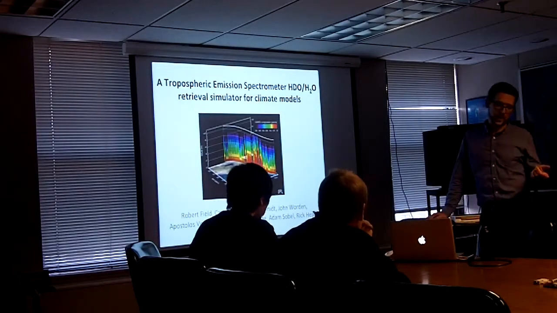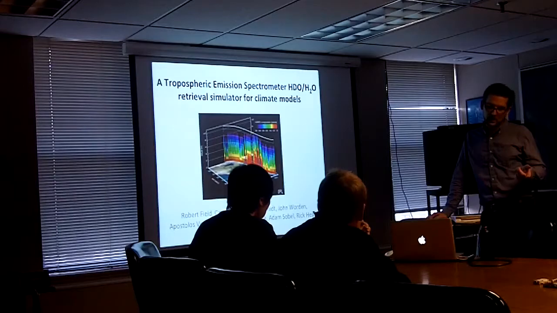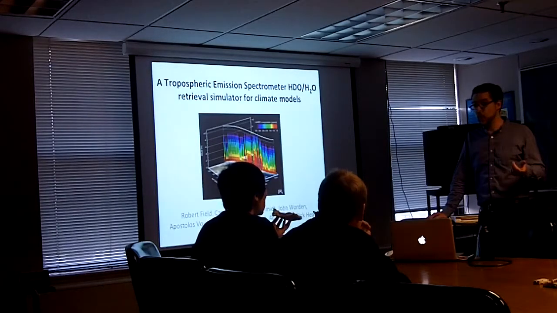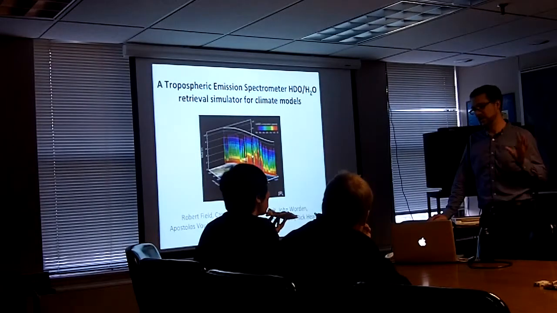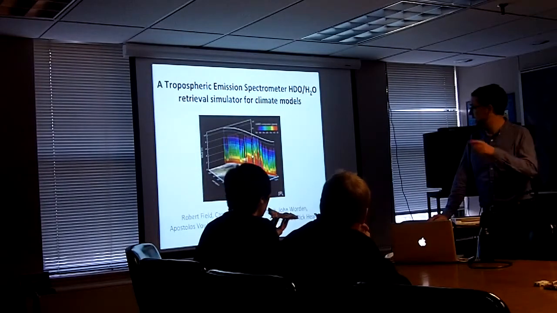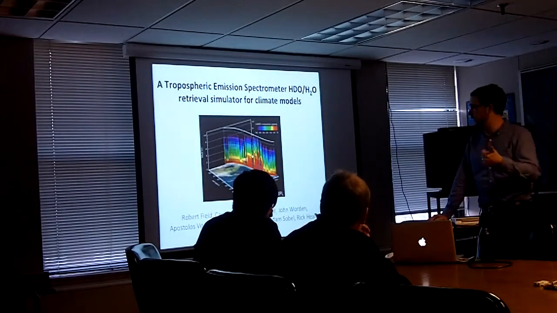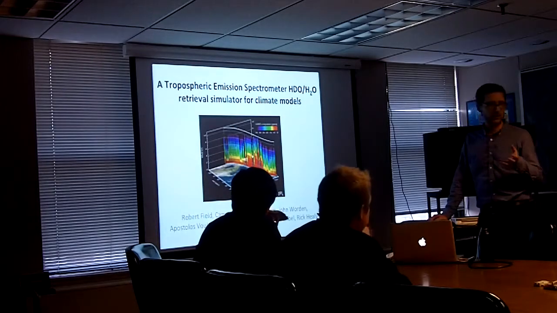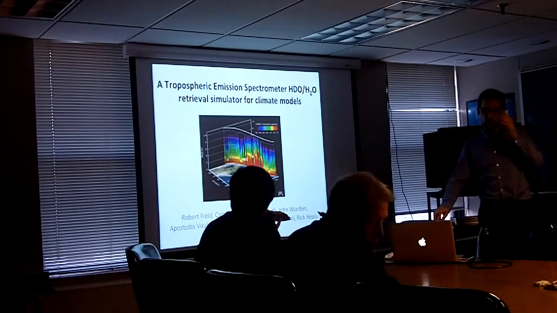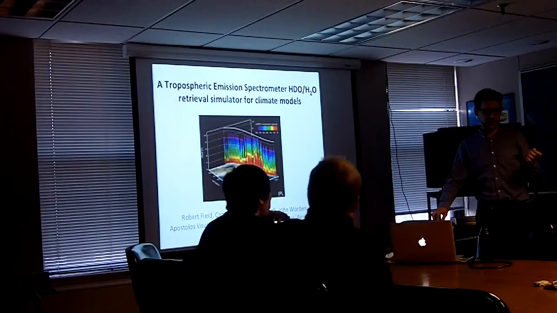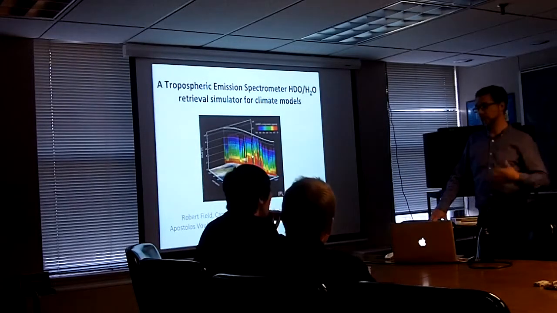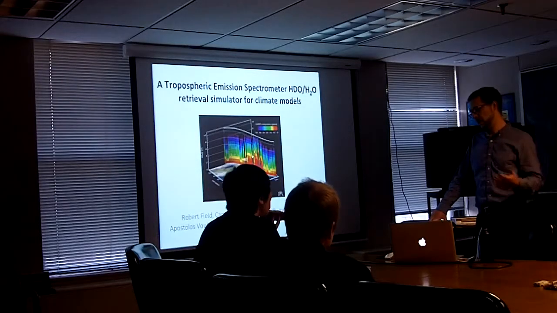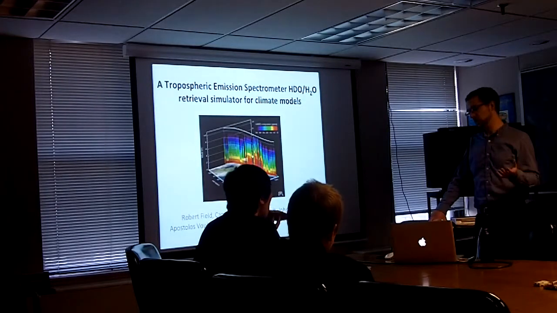But in order to do that, certain properties of the satellite need to be taken into account beforehand. And so that's what I'll focus on today: a retrieval parameterized simulator, or parameterization, that we put in the model, not unlike the ISCCP simulator, that allows us eventually to make meaningful comparisons to the observations.